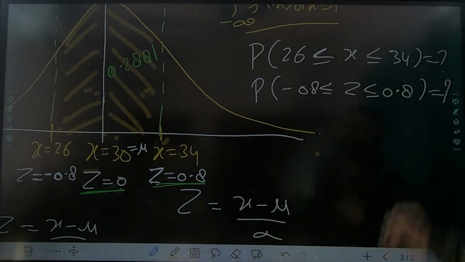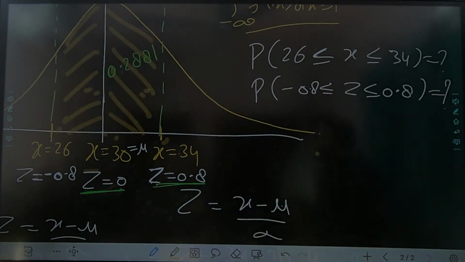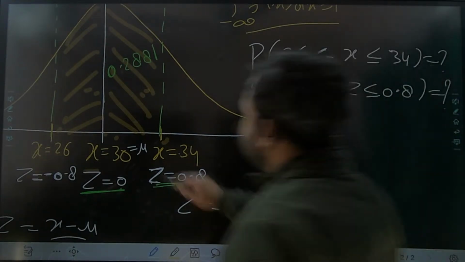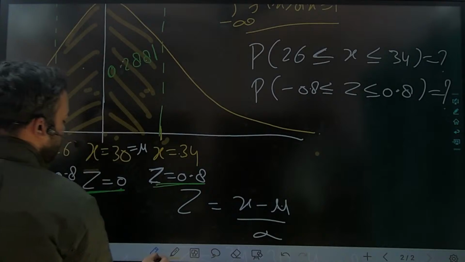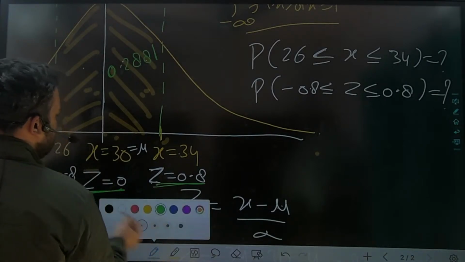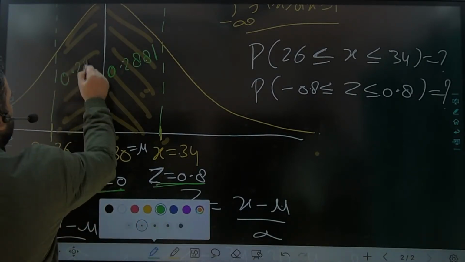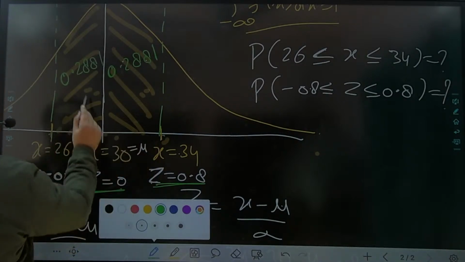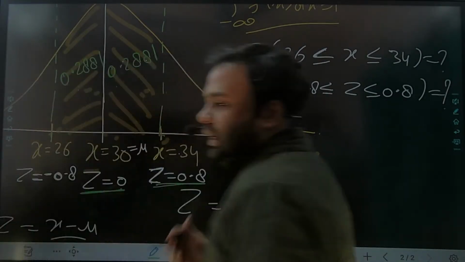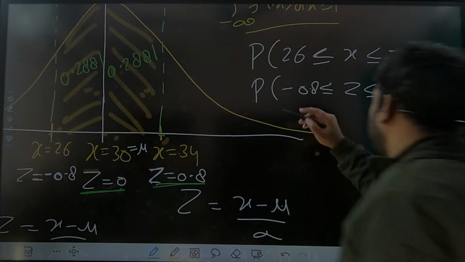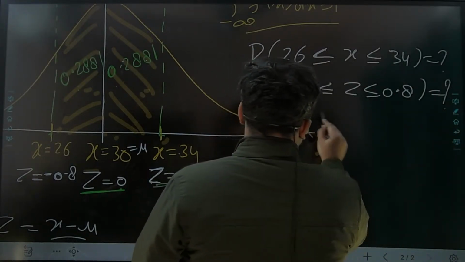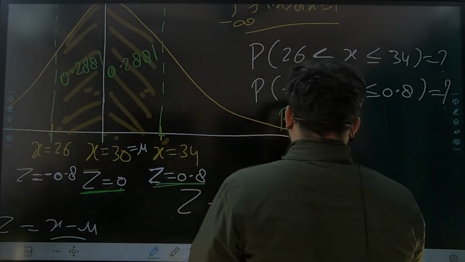These x values I can replace by the z-score. I have to find the complete probability here. I know these are equal areas, so the answer is already there, I am just bringing it into the format. This also should be 0.2881. So from here to here, I just have to add these two areas, and area is equivalent to probability only. So it is 2 times the probability.